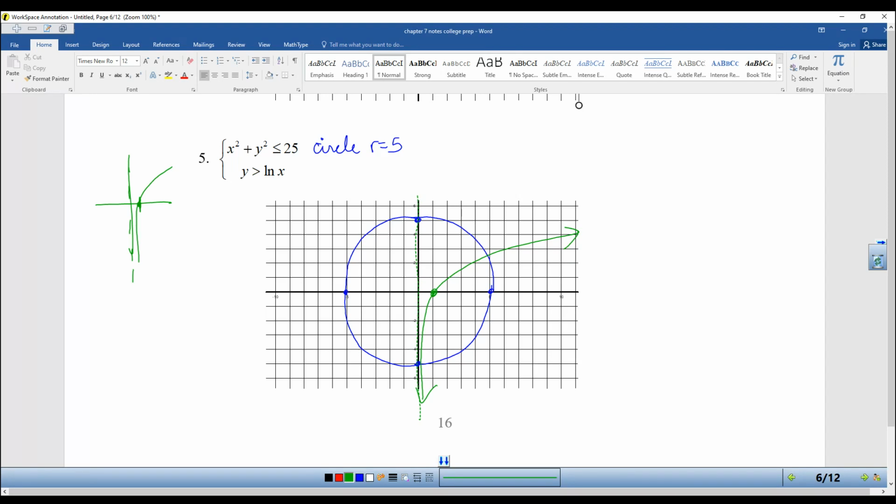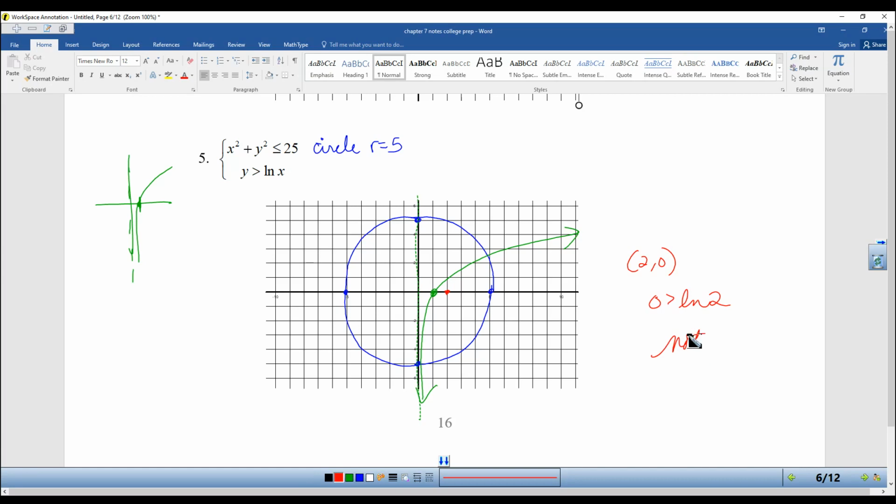So now the question is, how do you test a point if you can't do 0? There's an asymptote there, so you can't do the natural log of 0, and you can't pick 1. So why don't we just pick this point right there? Why don't we pick (2, 0)? So is 0 greater than the natural log of 2?